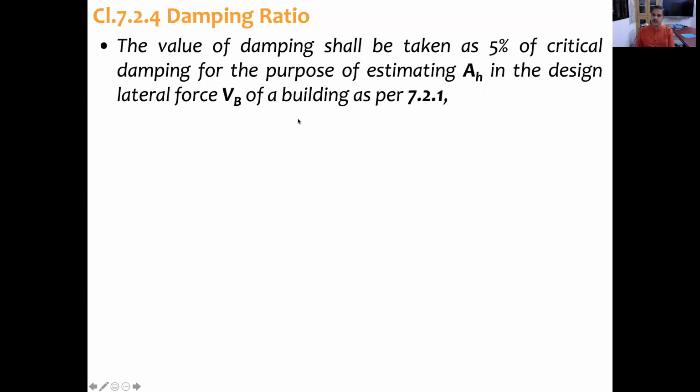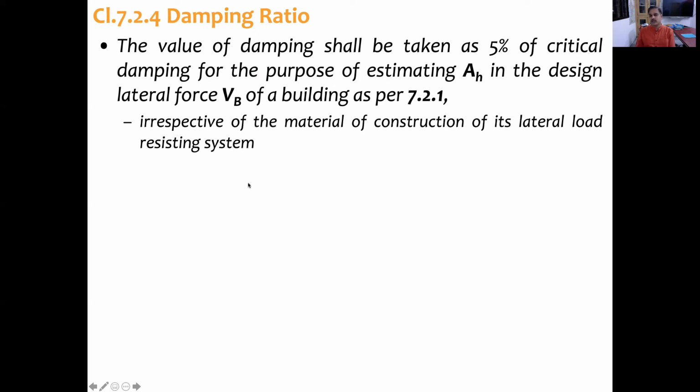While calculating Sa by g, we need to know the damping value. It is given for three types of soils: hard rock, medium soil, and soft soil. All these curves are drawn for 5% damping. Using that, we get this Sa by g value, and then we compute Ah, and then finally Vb.